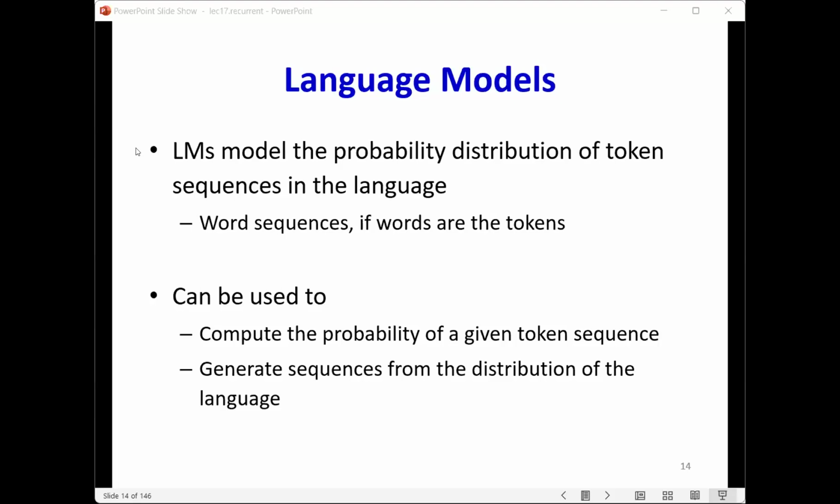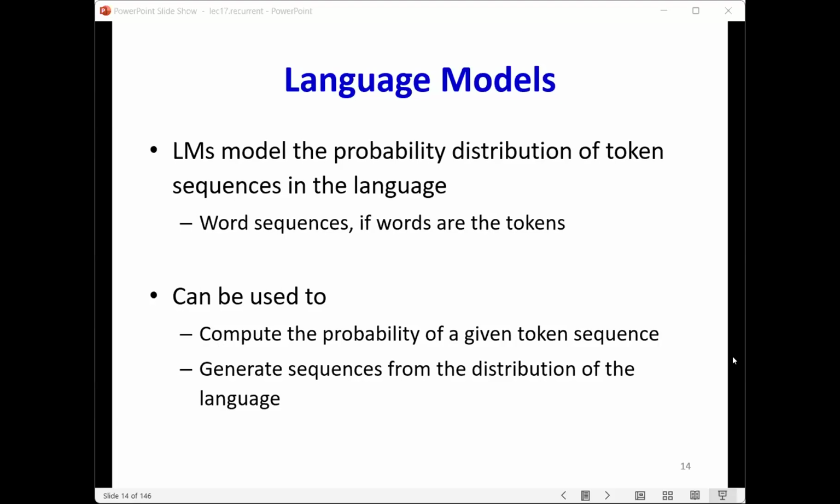And if you had such a probability distribution, you could do various things. If I gave you a token sequence, you could compute the probability of this token sequence. I could also use this in generative mode to generate sequences, basically to draw samples from the probability distribution of word sequences.